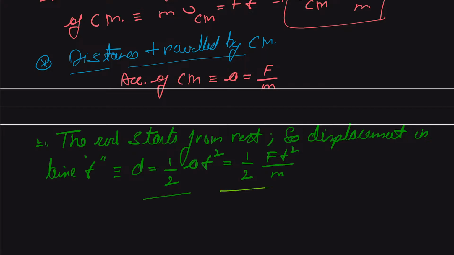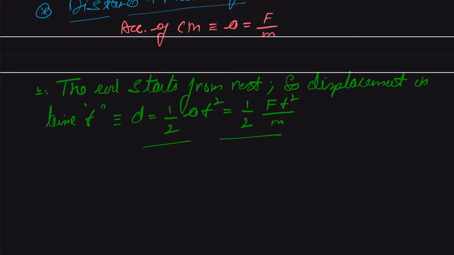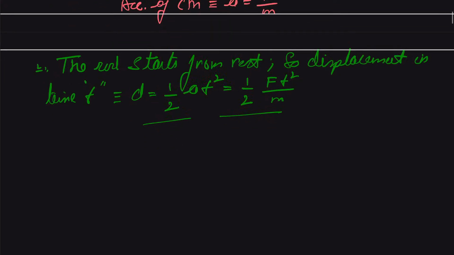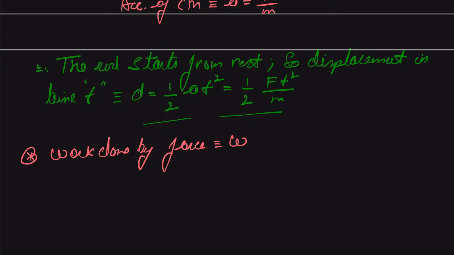So this is the displacement, and from this displacement we can easily find the work done. Work done by the force F, say W, will be equal to force multiplied by the displacement.